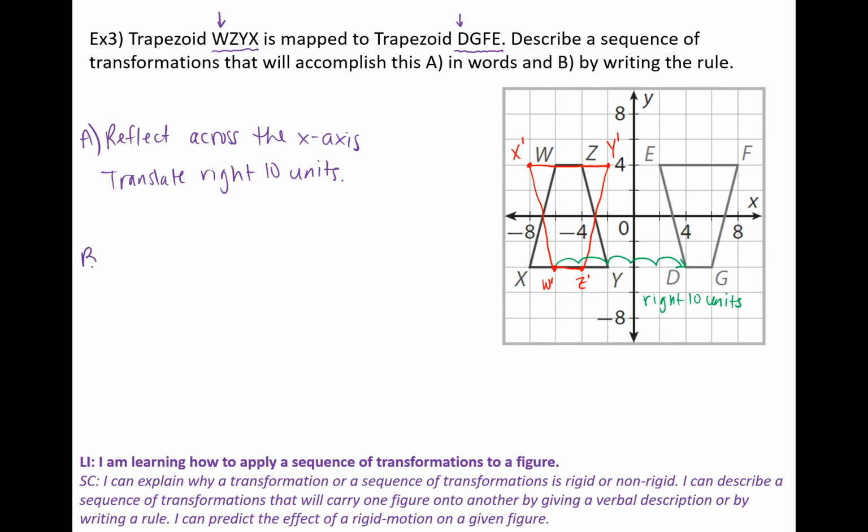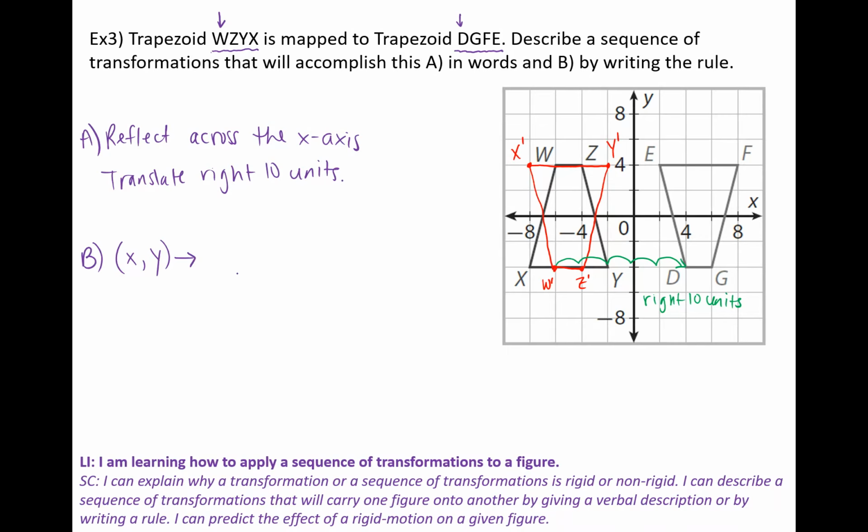The second part of our question here is to write the rule. So basically I need to figure out what the rule is for each one of these and put it into a progression. So I'm going to say x, y turns into, and then I'm going to go look up my rules for an x-axis reflection.